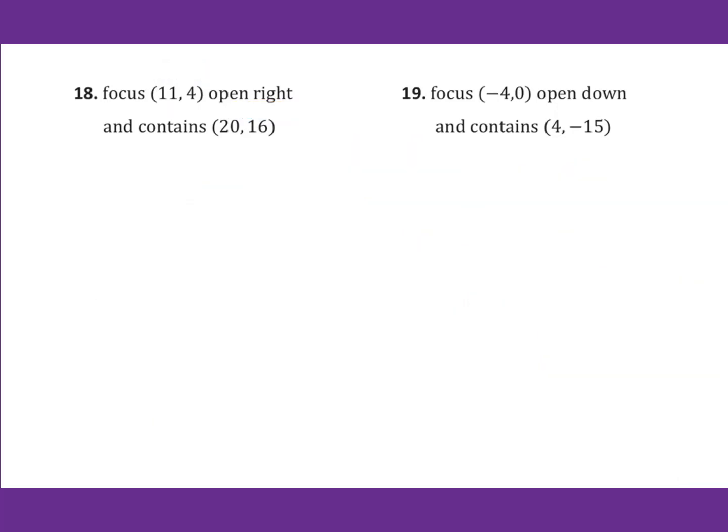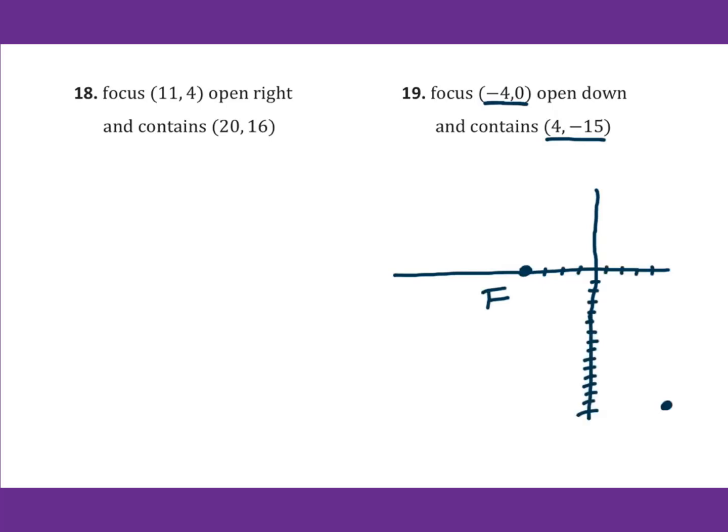Now look at number 19. Focus is (negative 4, 0). Opens down, contains (4, negative 15). Now let's sketch this graph. Focus is over here and this is the point on the parabola. Since it opens down, and also the focus is inside the curve, you could say suppose it's like this.